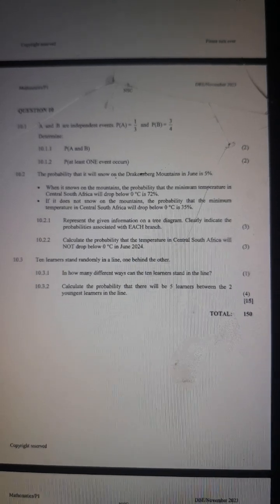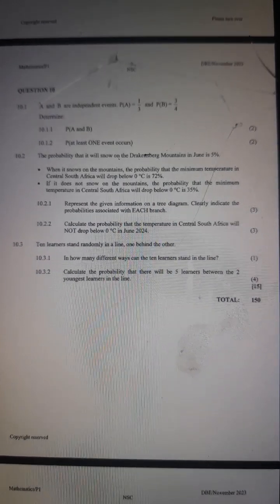Let's consider using a variable. Let's say they are placed in position X, then the other one will be placed in X plus 6. Why am I saying so? To ensure that there are exactly 5 learners.